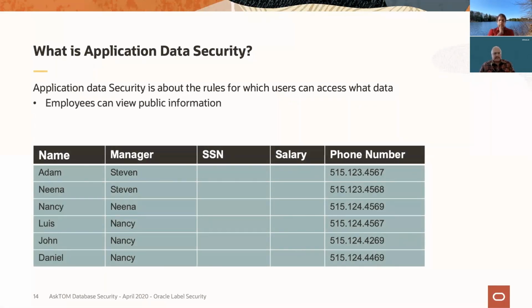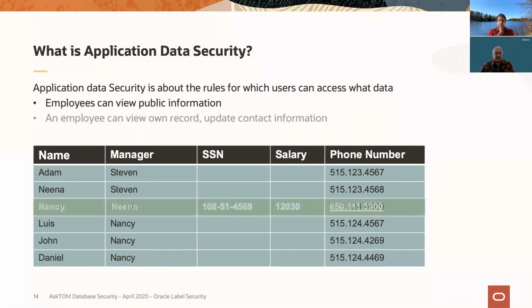So let's say you have an HR database, an employee can view public information. So they can view the employee name, manager, let's say some contact information. They cannot view information about salary or a personal identifier. However, you can view your own information in order to update it or correct some errors.